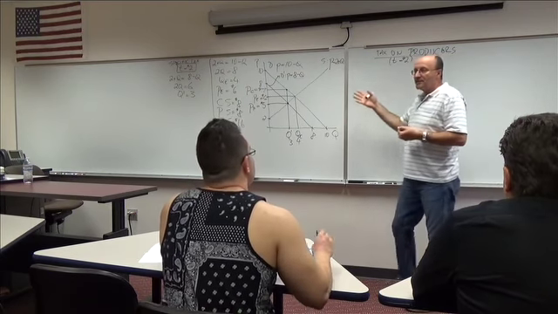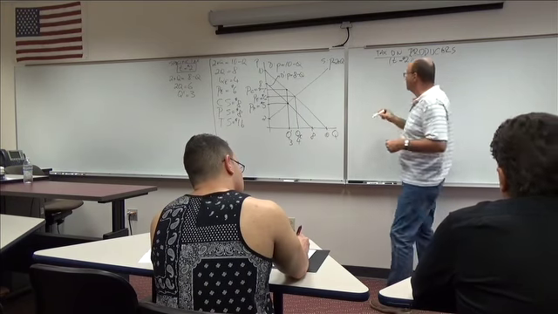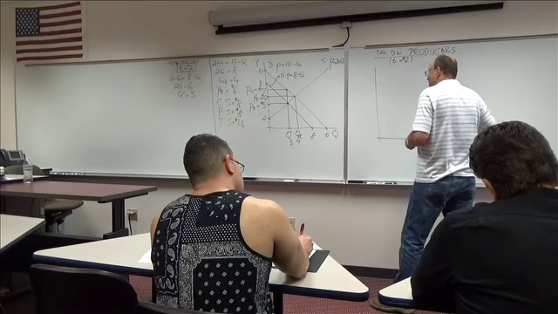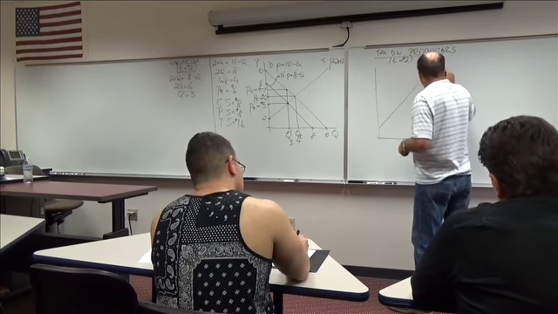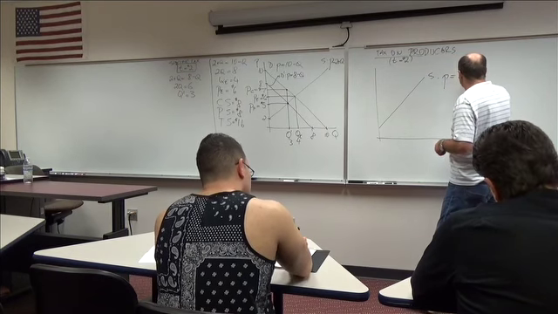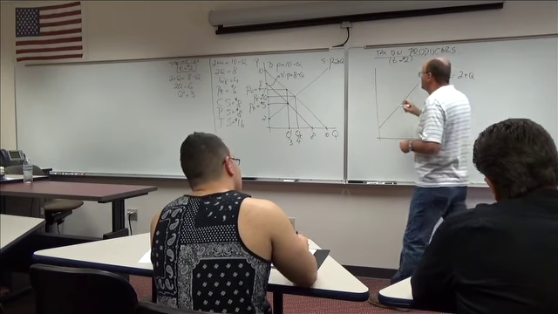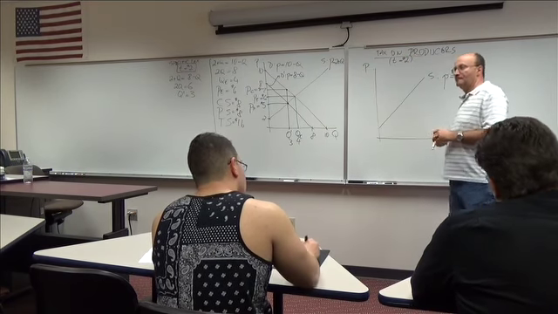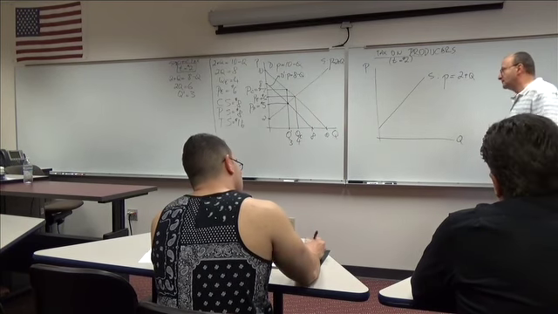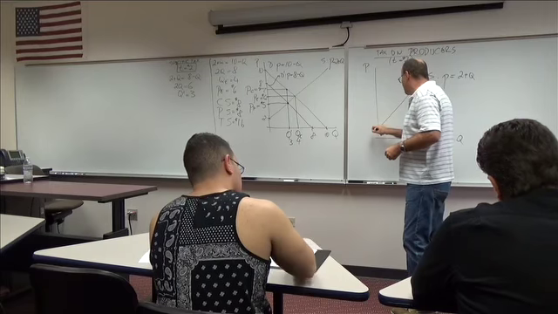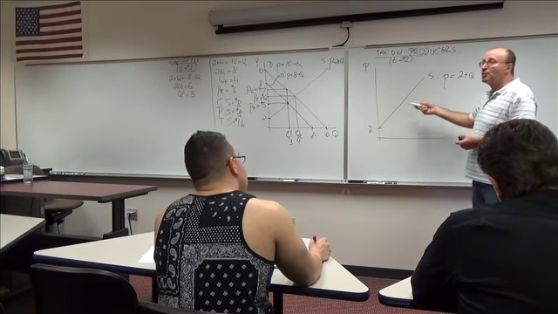Which of the two curves represents behavior of producers? Demand or supply? Supply. Supply in our example is given by P equals 2 plus Q. Now, let's impose a $2 tax on the producer.